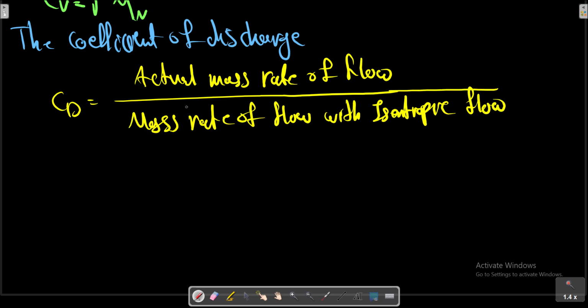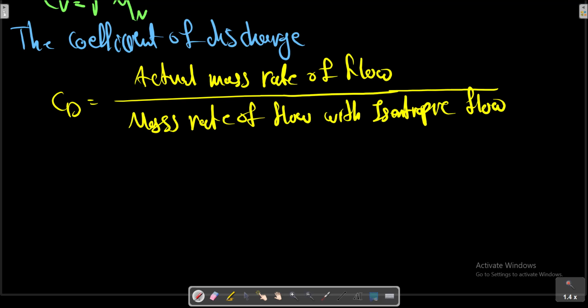In determining mass rate of flow with isentropic conditions, the actual back pressure is used if the nozzle is not choked. If the nozzle is choked, the isentropic mass rate of flow is based on isentropic flow and sonic velocity at the minimum section, that is, sonic velocity at the exit of a convergent nozzle and at the throat of a convergent-divergent nozzle.